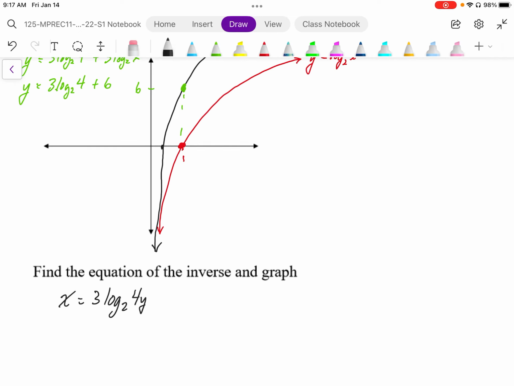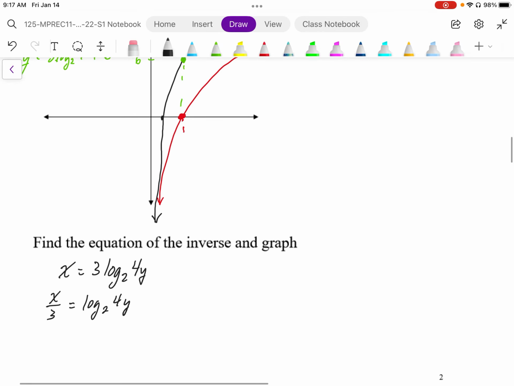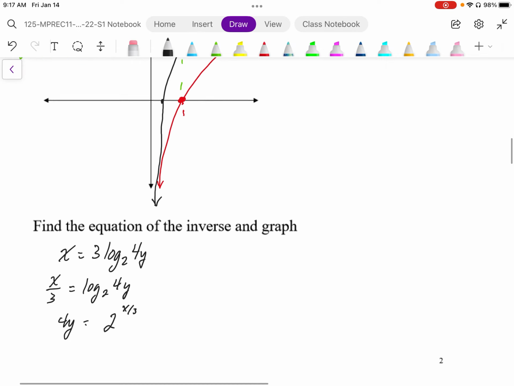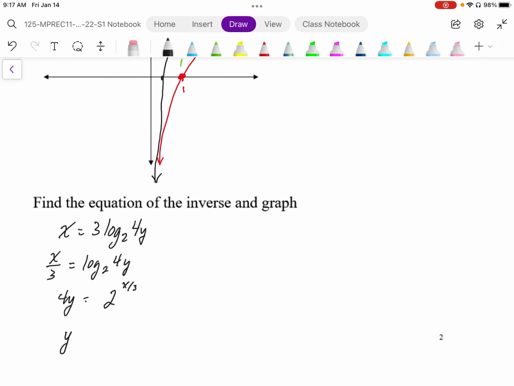I can solve for y, so I have to divide by 3 first. I'm going to convert this to exponent. So 4y is equal to 2 to the exponent of x over 3. And then I have my vertical compression factor of 1/4 and a horizontal expansion of times 3.